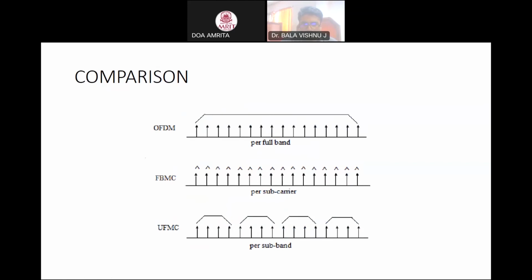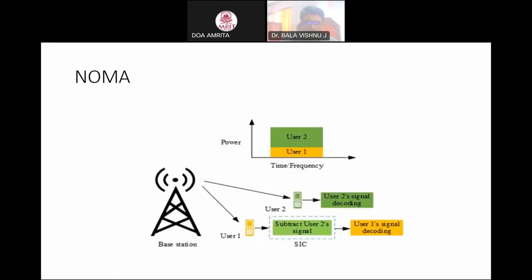To avoid that, we go for UFMC, where a group of subcarriers is passed through a filter, reducing the interference caused by subcarriers affecting other subsequent subcarriers. The main thing is we are improving the PAPR, and the main disadvantage, the system complexity increase, is reduced in UFMC.